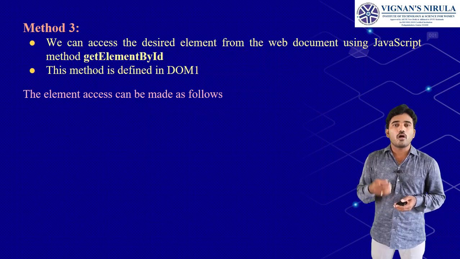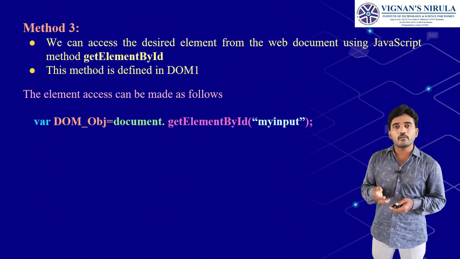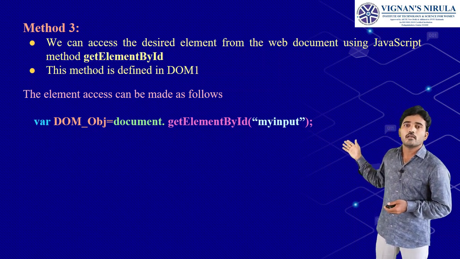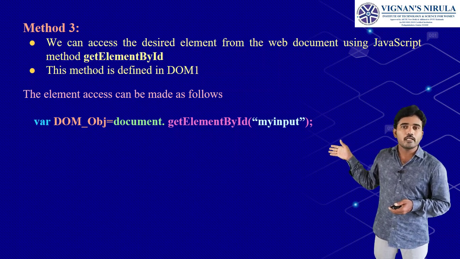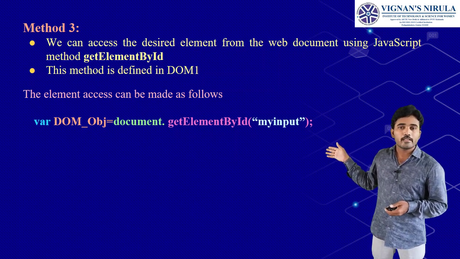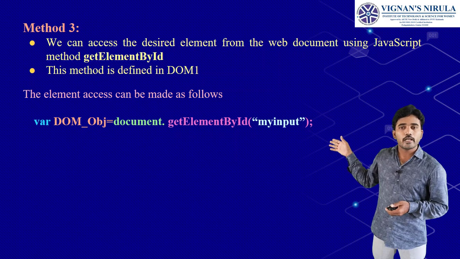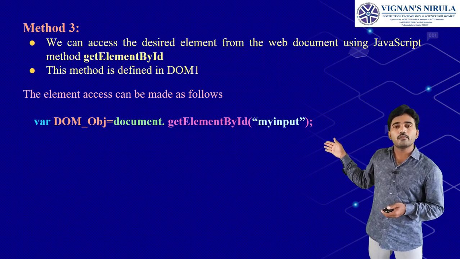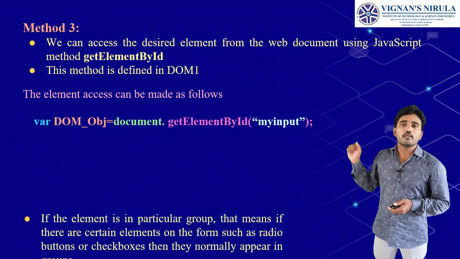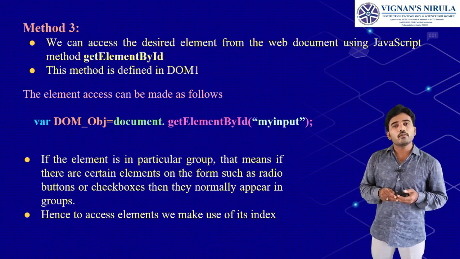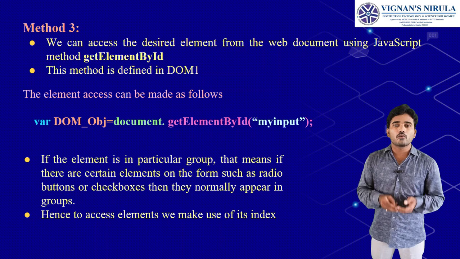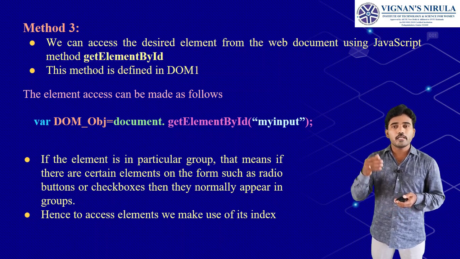We access an element in this manner: DOM object equals document.getElementById, and the ID we used for the input of type text is myinput. Understood?